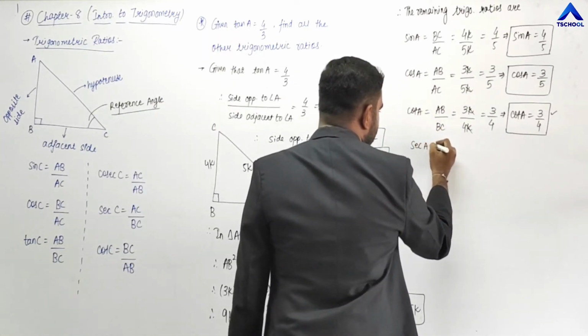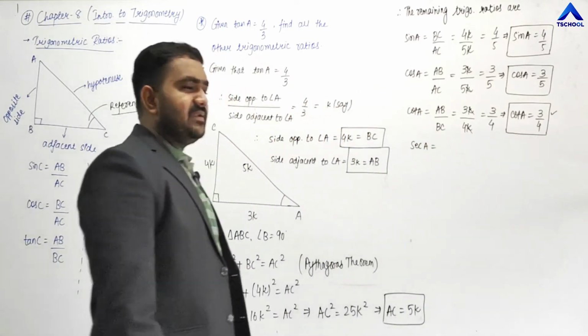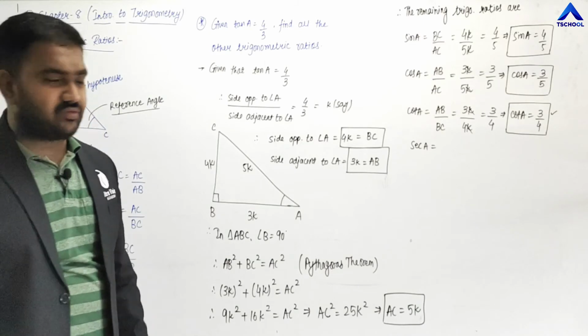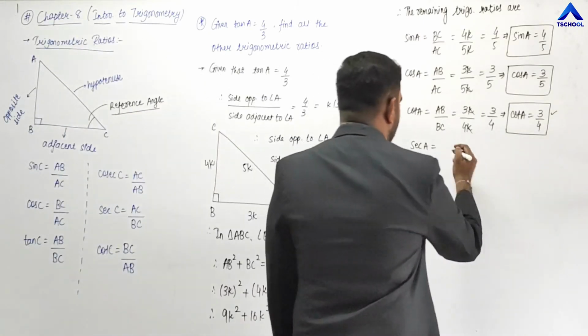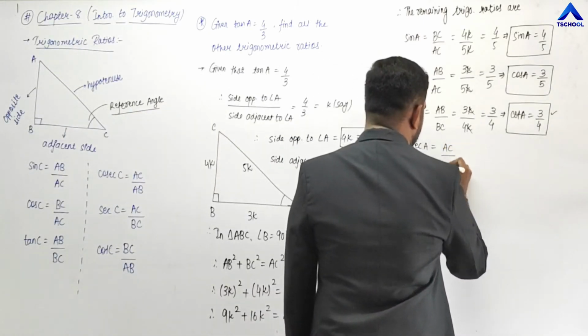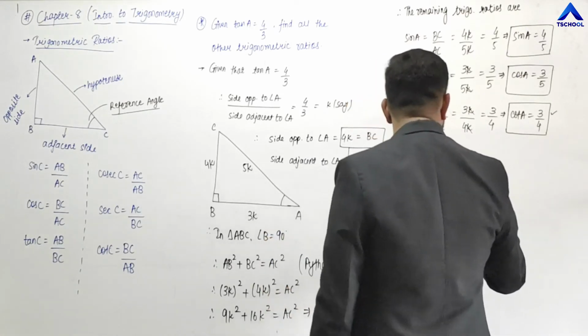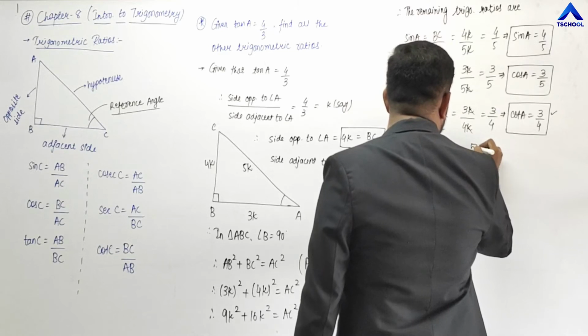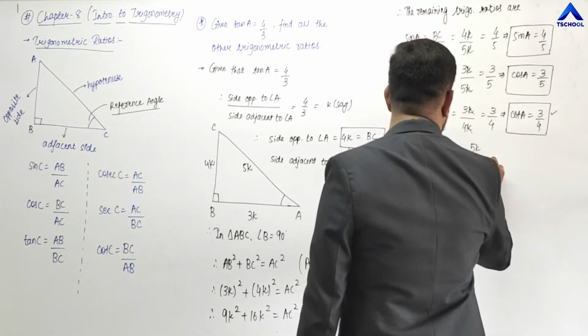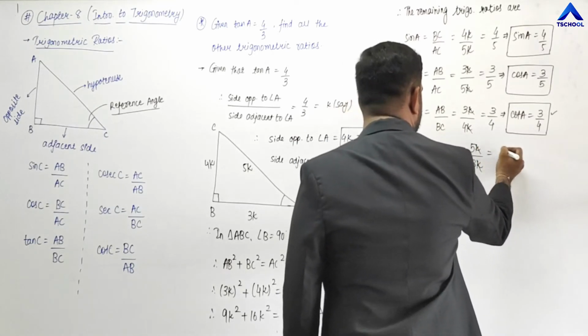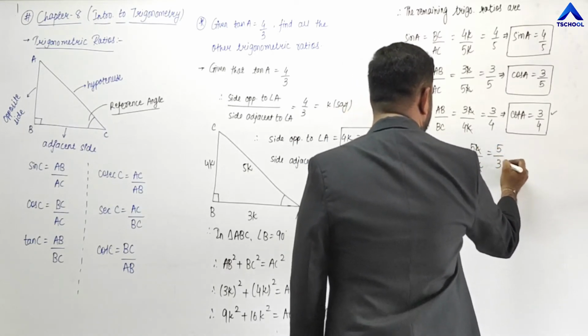Similarly, sec A. Sec A is hypotenuse divided by the side adjacent to angle A. So what is the hypotenuse here? Hypotenuse, that is AC, upon the side adjacent to angle A, that is AB, that is equal to 5K divided by 3K. So let us cancel K and K and that will become 5 upon 3.